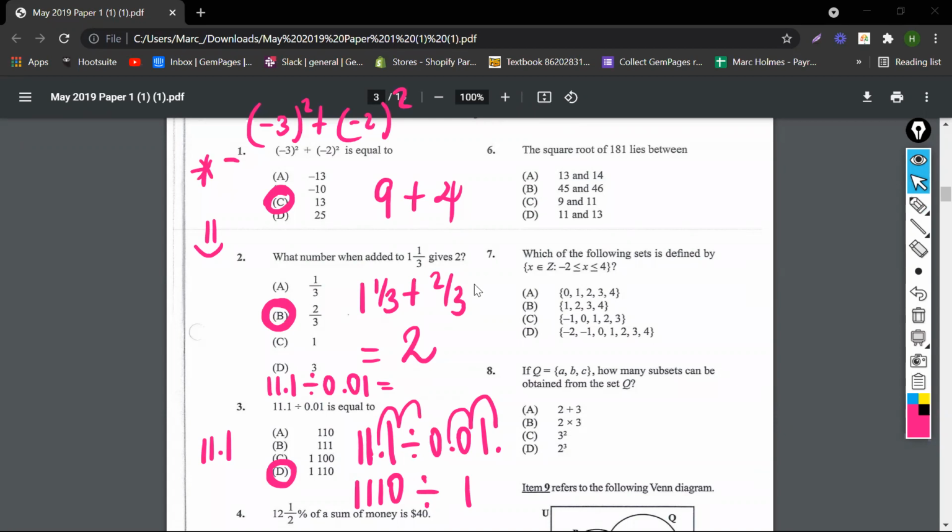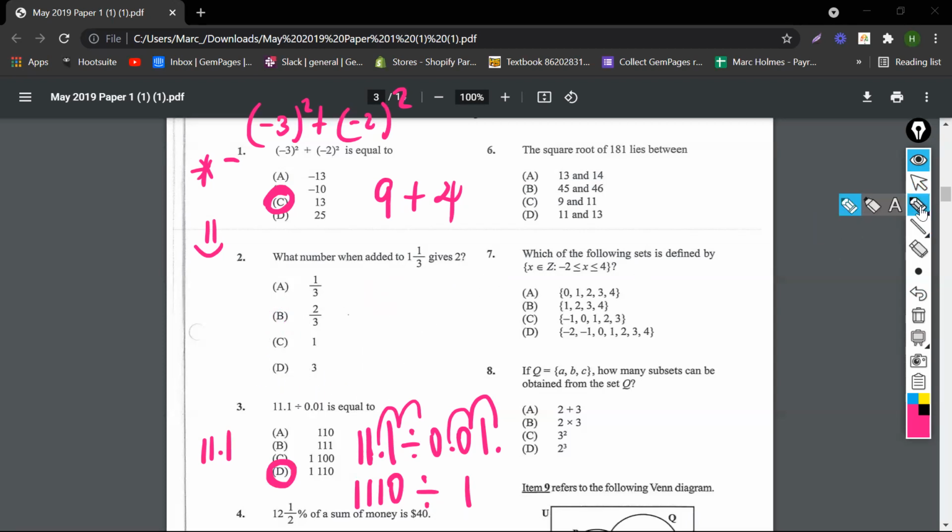Okay. Let's work out number 2 the same way. It's really easy, but let's work it out. It says, what number when added to 1 and 1/3 would give me 2? So clearly, if I subtract 1 and 1/3 from 2, I'm going to end up with 2/3.